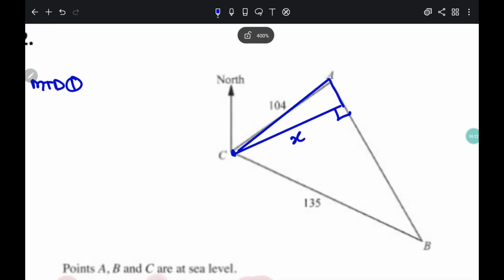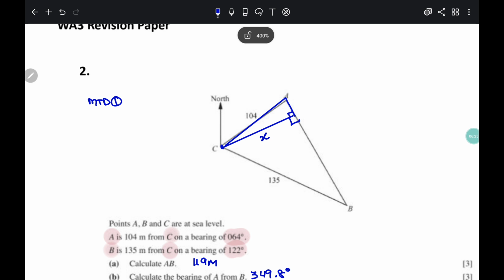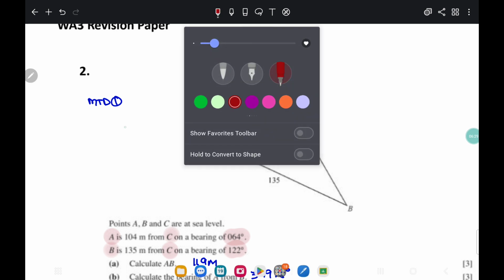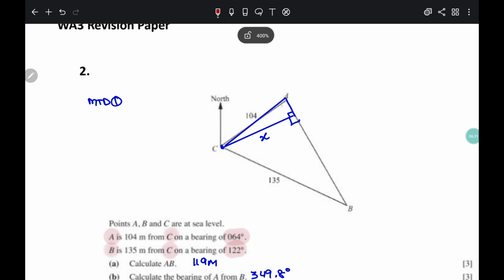If I look at that triangle, here is 90 degrees. I can use this angle here, which you are supposed to calculate. Since previously you have found this angle, and this angle, you can find angle CAB. So method 1, first find angle CAB.